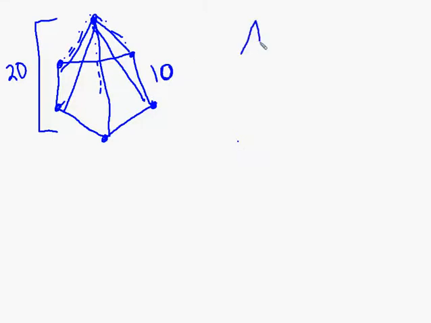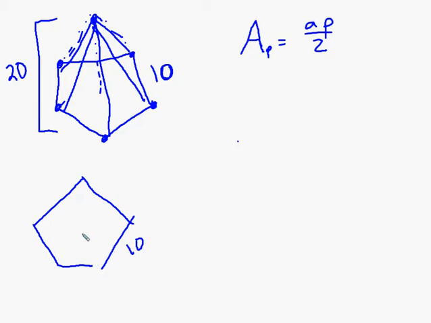So let's find the area of that pentagon. Area of a polygon is what? AP divided by 2. And I don't have the apothem. So let's just draw out that pentagon. And I have a 10 right here. And my apothem is going to be right here.